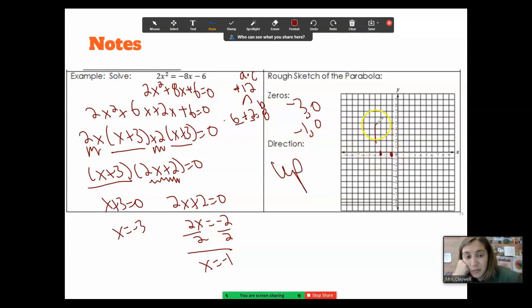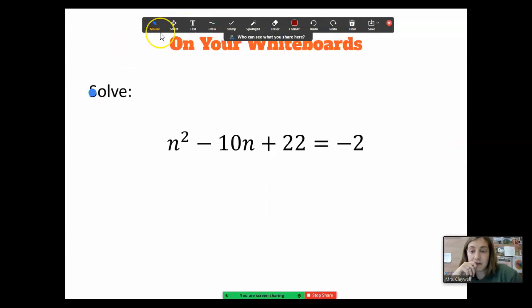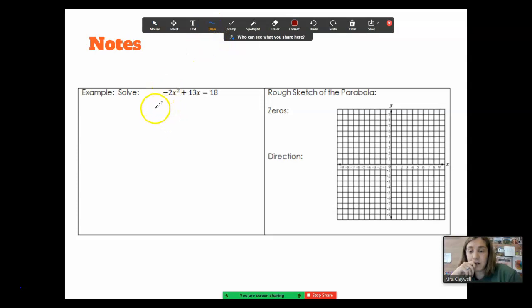This opens up. So those are the points that make it equal 0, and then it's opening up. You can get this in standard form.